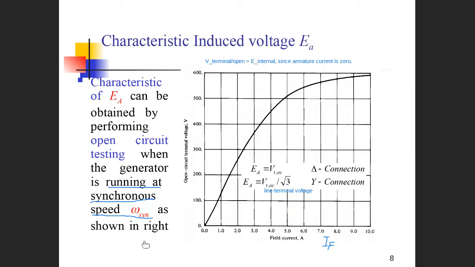Otherwise, your test is incorrect because the generated voltage is the product of the field current, the rotation speed, and the characteristics of the inductance.